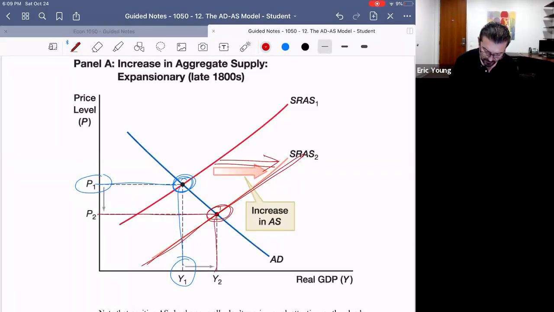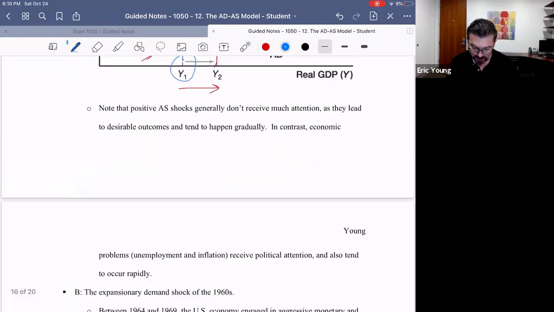And there you go. So this period of American economic history was characterized by a positive supply shock as well as an increase in the LRAS. And we saw that our country was able to have rapid economic growth without inflation. Okay, so there's the reason why, as explained by the ADAS model.